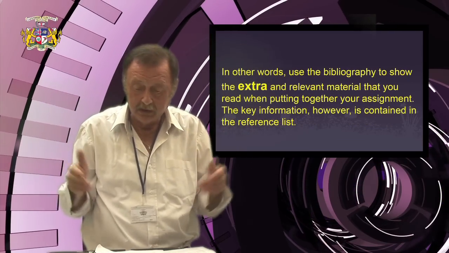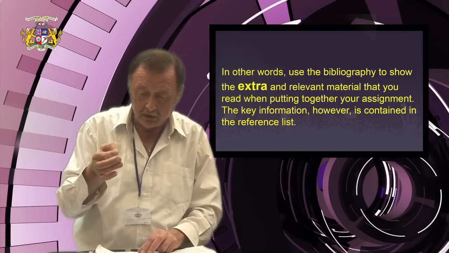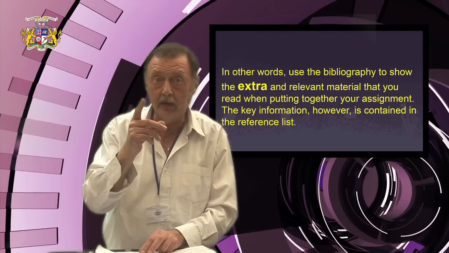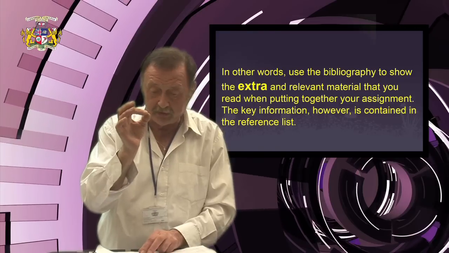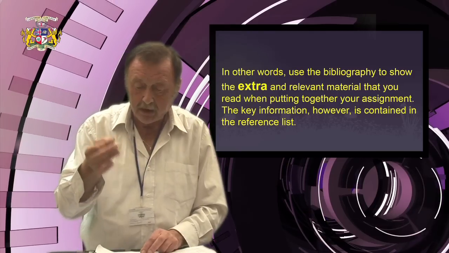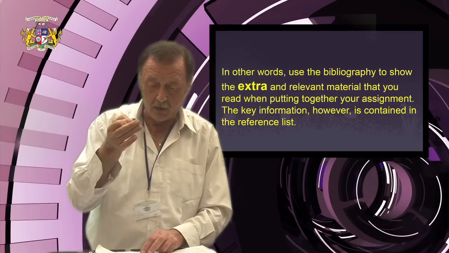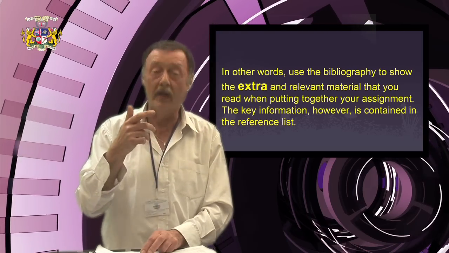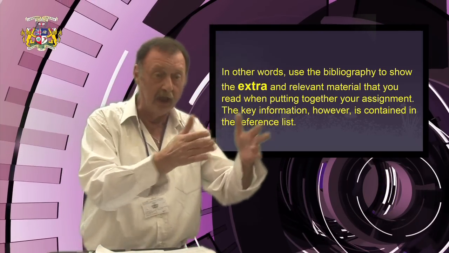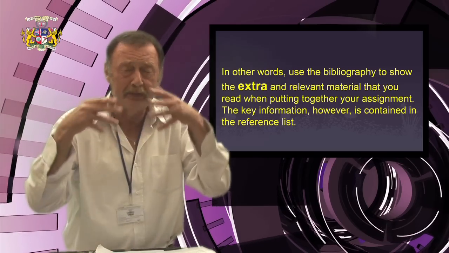In other words, use the bibliography to show the extra and relevant material that you read when putting together your assignment. The key information, however, is contained in the reference list. But if you want to impress your tutor, say, apart from this, I've also read extra, absolutely do it too.